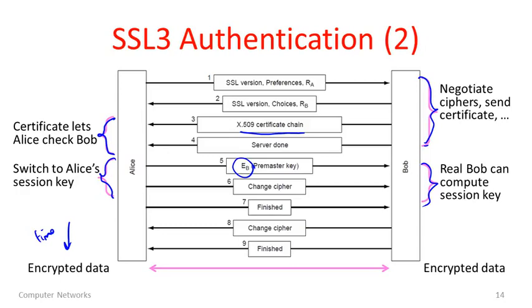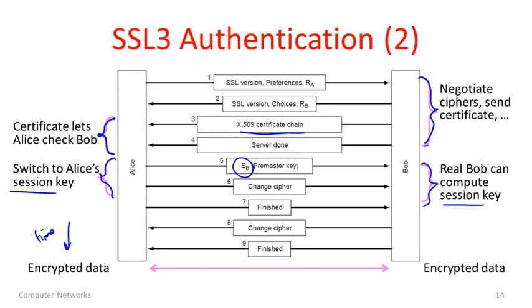So Alice now switches to the session key and Bob switches to the session key, and we're finished with this protocol. If they can both compute the right session key, and they don't send it to one another directly, they just both compute it, then they can both switch over to use it. All of this happens when we send the change cipher messages to know when to switch over.